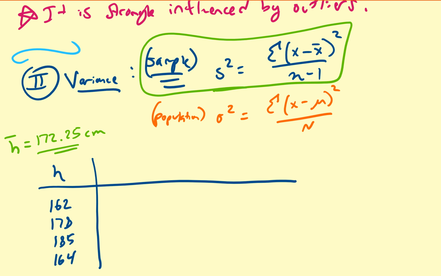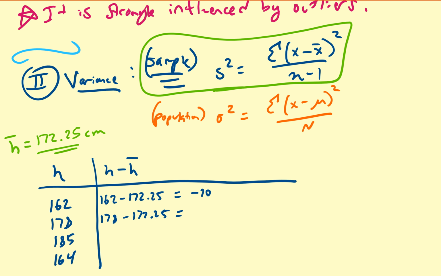Once we have our mean calculated, we can take each of our height values and subtract the mean. So this is going to be 162 minus 172.25. This is going to be 178 minus 172.25, and so on.